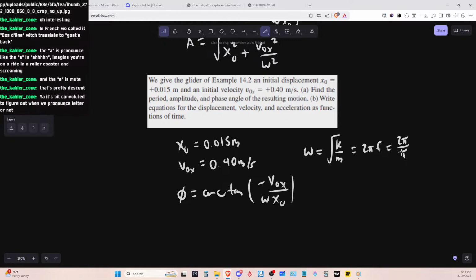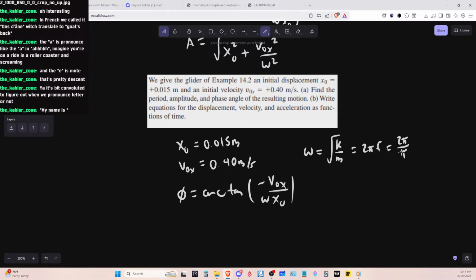Yeah, it's a bit convoluted to figure out when we pronounce letters. Because I think in the West, we're so used to French accents sounding so very thick. My name is, okay. Because I know je is like I in French. Like, little bits of French are just popping in my head. I think it's because of the weekend I spent watching Code Lyoko in French. I do love the theme song from Code Lyoko, like in its original French.